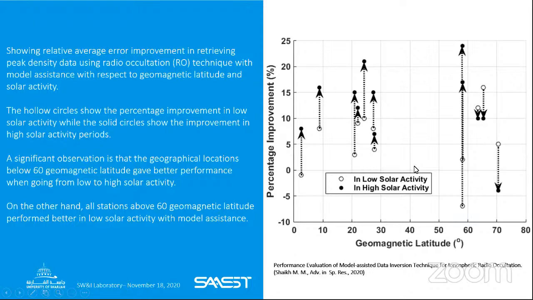And we see very different, very surprising results at the lower latitudes. For latitudes from the equator at 0 degrees up to 30 degrees, wherever I got the data from the ground and embedded it into the model to see the improvement, the improvement at high solar activity comes out larger than the improvement at low solar activity.